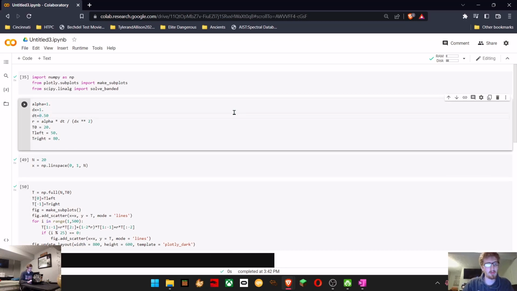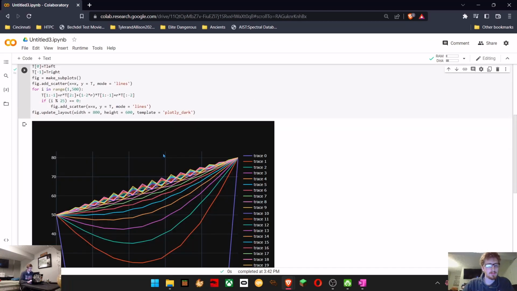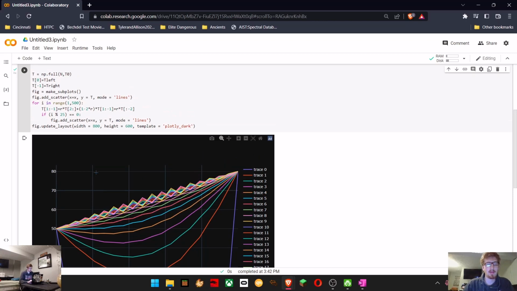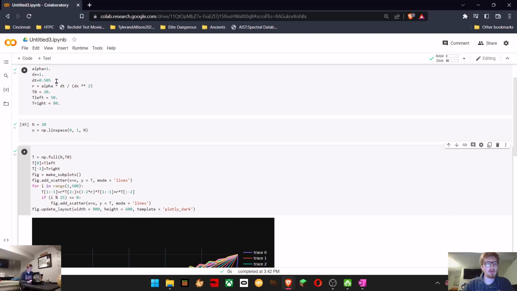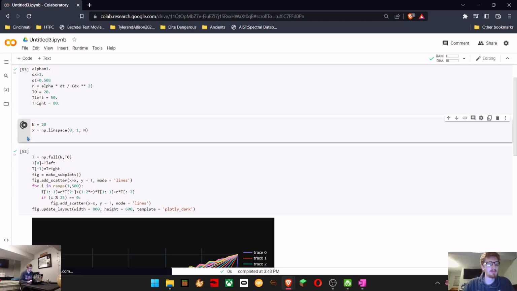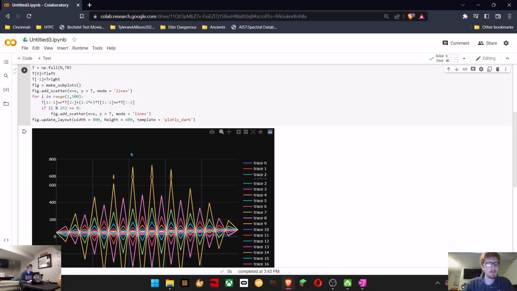Let's do something a little more reasonable, 0.505. And you get these really pretty shapes, but we also know that the temperature along the bar probably isn't going up and down quite like that. So why is that happening? Well, if you want to find out, take a look at the next video. Oh, there's a nice shape.